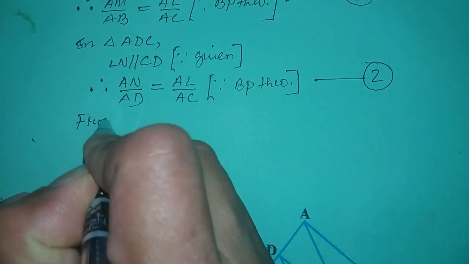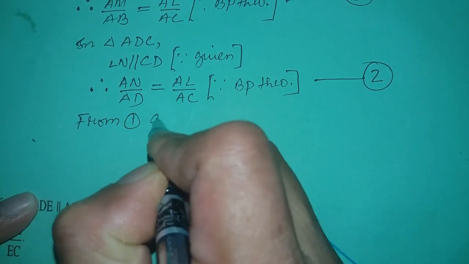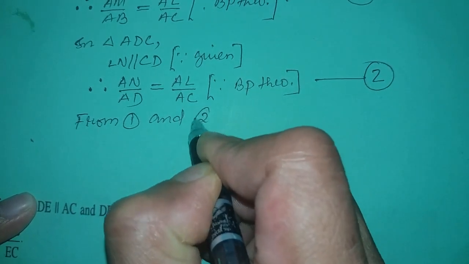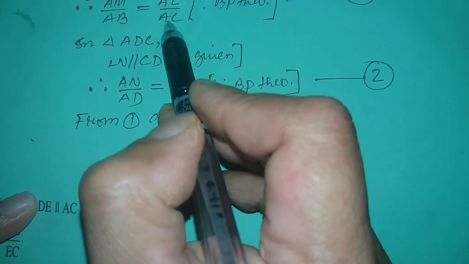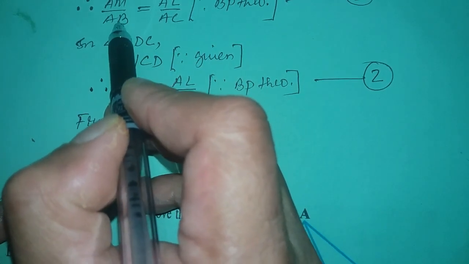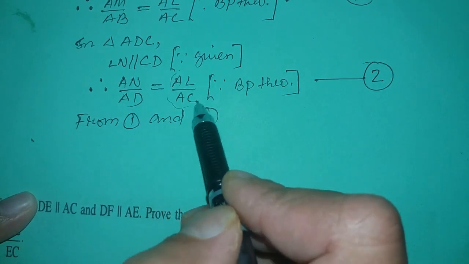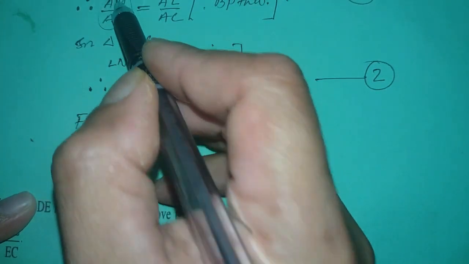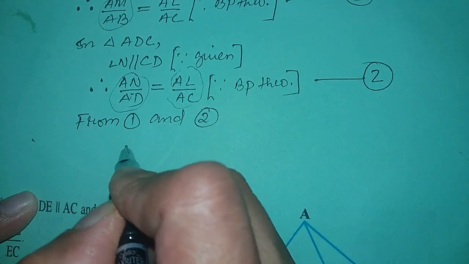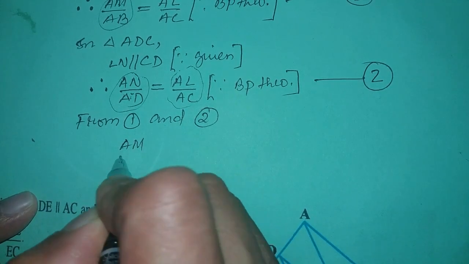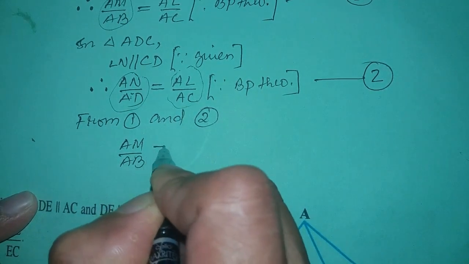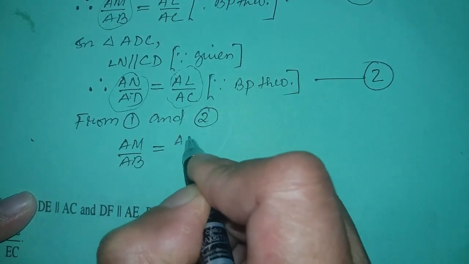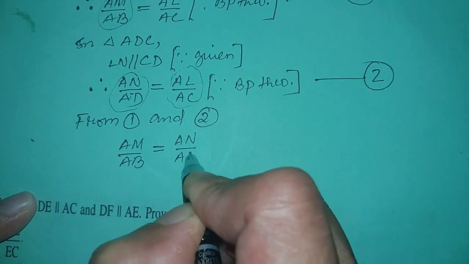Now from 1 and 2, AL by AC is equal to AM by AB. Again the same AL by AC is equal to AN by AD, which means these two are equal. So AM by AB is equal to AN by AD.